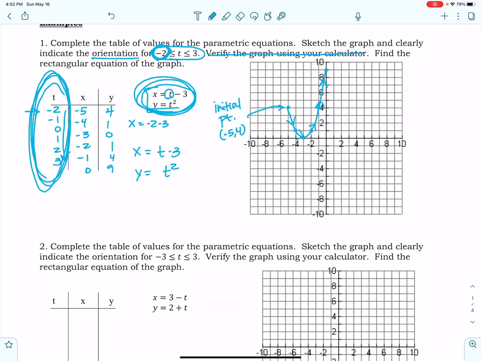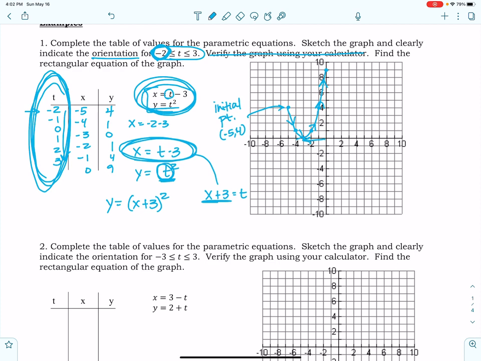So I am going to solve this equation for t so that I can substitute it into the y equation. What that looks like is I'm just going to solve for t here, which means I add 3 to both sides. So now I'm going to replace this t with x plus 3. That means y equals (x plus 3) squared. That is essentially my parent parabola moved over to the left 3, which is exactly what it looks like, but it's restricted.